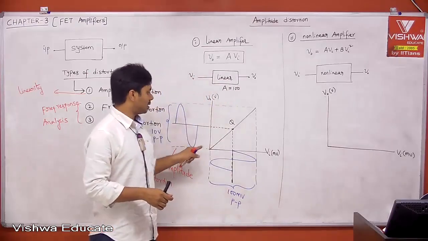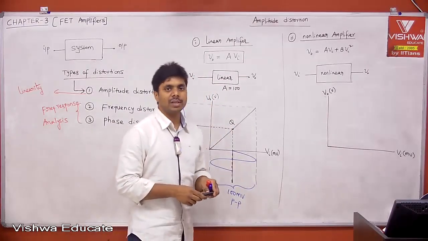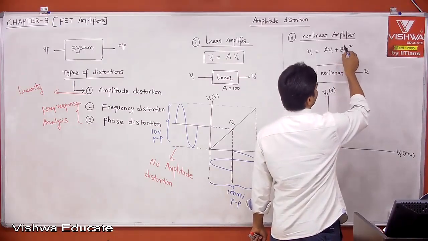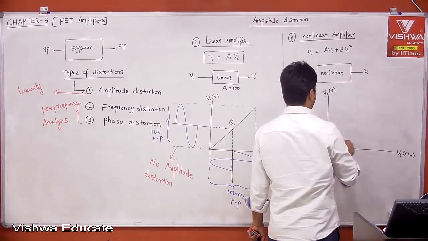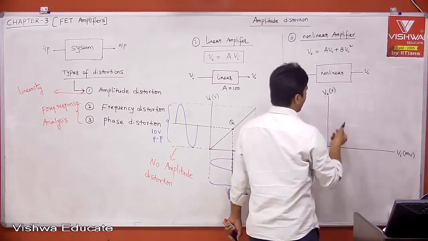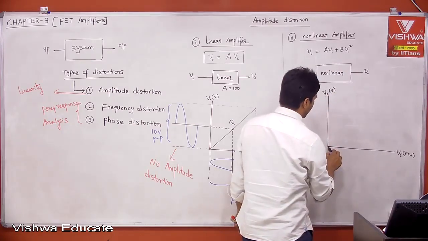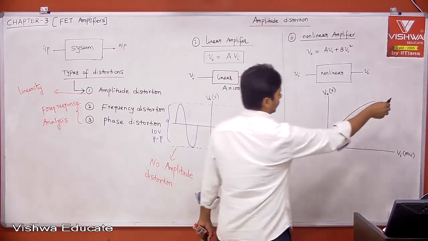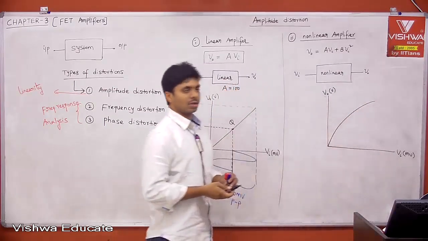Here Y is equal to Mx, it is a straight line, but Y is equal to Ax plus Bx square is a parabola that depends on the value of B. If B is positive, then it will be this kind of parabola. If B is negative, you will get this kind of parabola. Let me take B negative, this is your parabola, a non-linear equation.